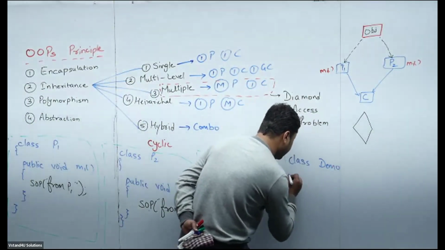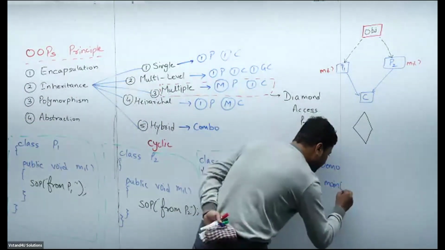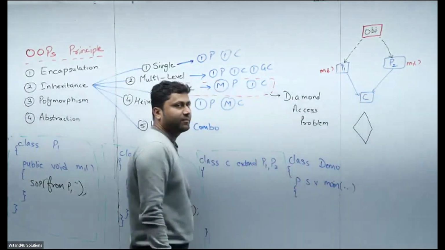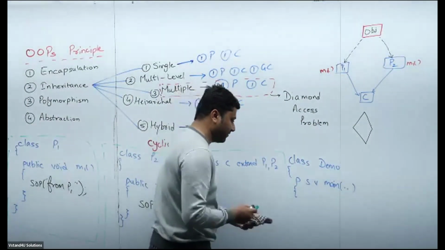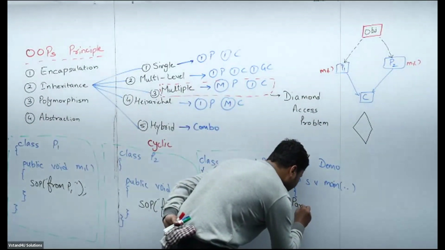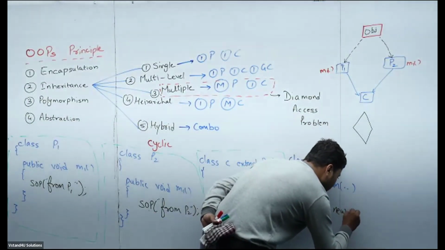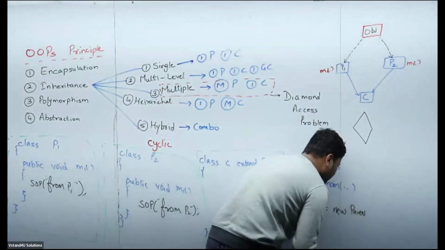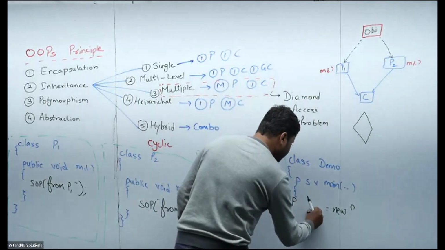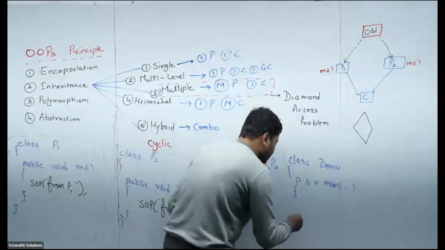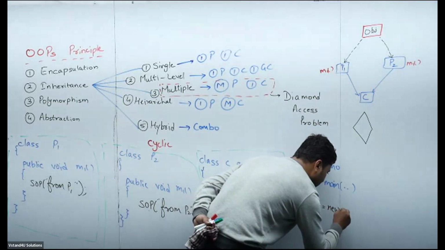I'm writing a demo class where I'm using our favorite method: public static void main. Inside the main method, sir, I am creating objects. First of all, I'm creating an object of P1: P1 equal to new P1.